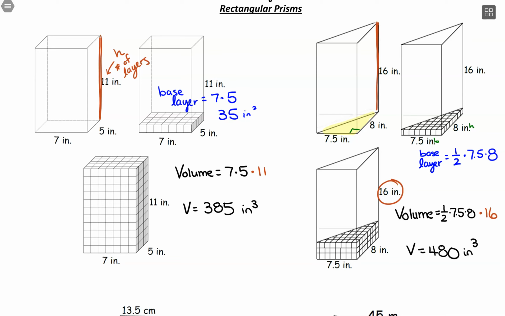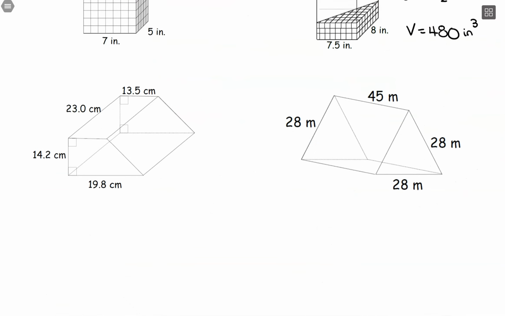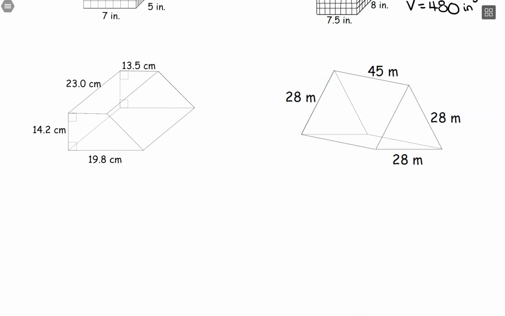So this right here is a rectangular prism as well, because we have these straight sides coming through, which all make up the height of the figure. And then it has this base figure as well that it's repeating if we slice it up. All right, so let's look at these two down here. So these are twisted on their side, but the idea is that we have this base shape.